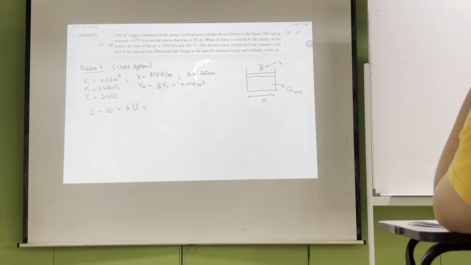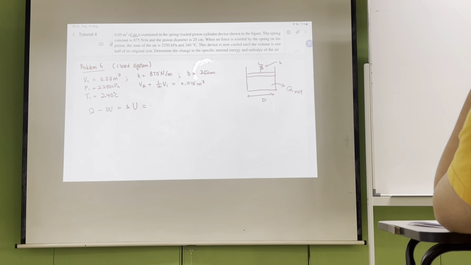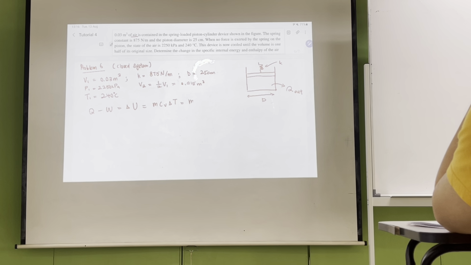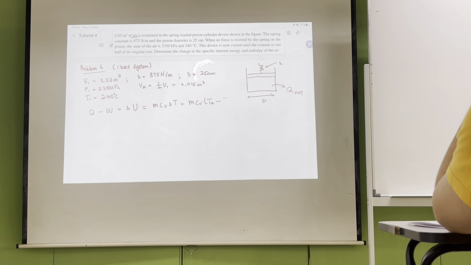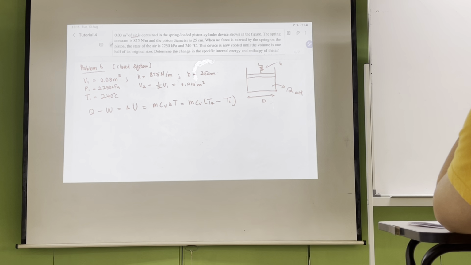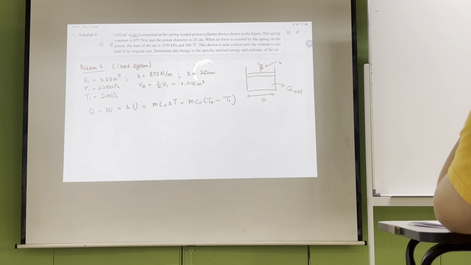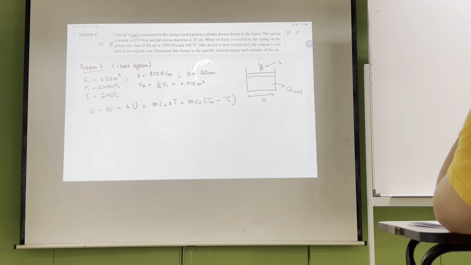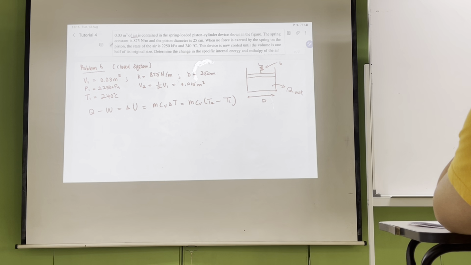In this case, you are looking for delta U, which is mCv delta T, so mCv (T2 minus T1). The question also asks for specific enthalpy. We can leave that for later, because for enthalpy you are just looking for mCp delta T, which is the same thing, with Cv and Cp based on the air table.